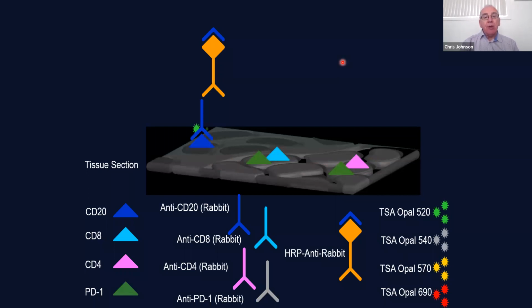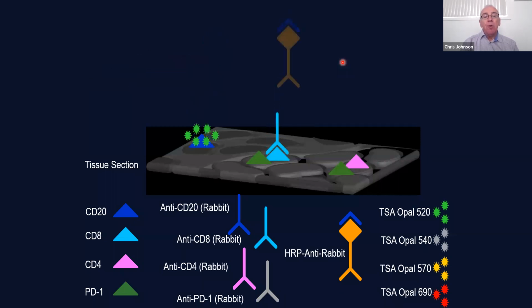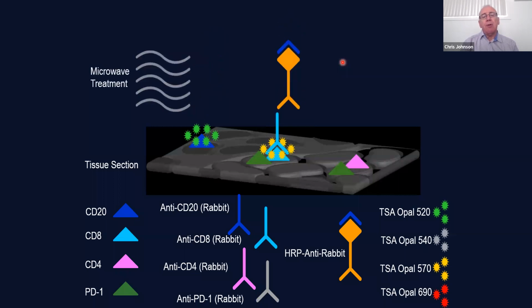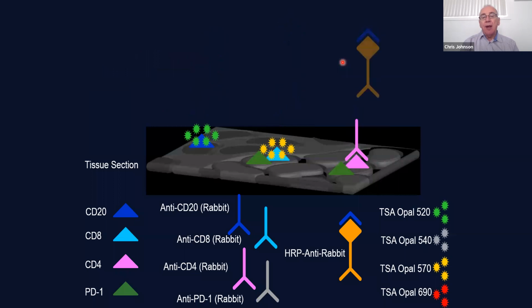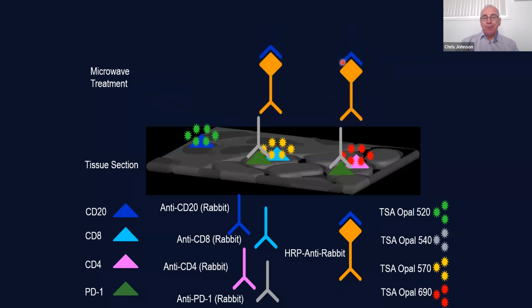What happens is that the dye will accumulate around the junction between the primary attachment to the epitope and bind there. We then use a microwave source or a heat source to remove the secondary-primary complex, and then we can start the process over again, step by step, till we finally get all the different colors that we need on our tissue.